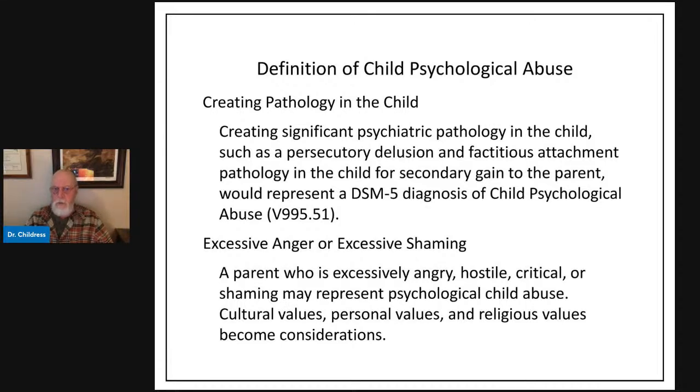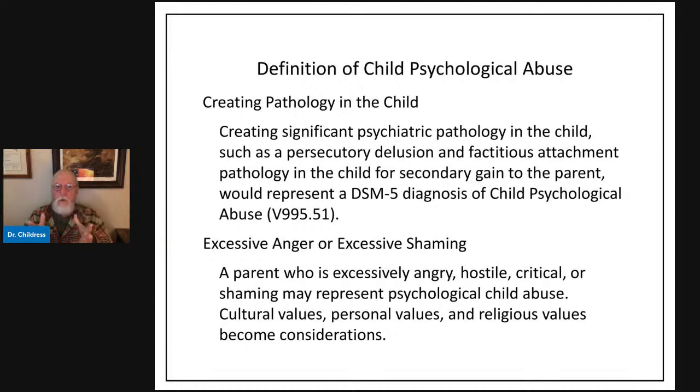Now, other than that, I would suggest that potentially related to the targeted parent, if there's allegations of psychological abuse of the child by the targeted parent, that might be a parent who's excessively angry, excessively hostile, critical of the child, or excessively shaming. And so those types of features may represent child psychological abuse.